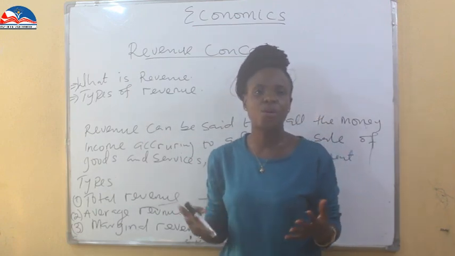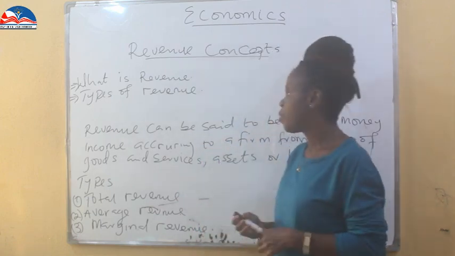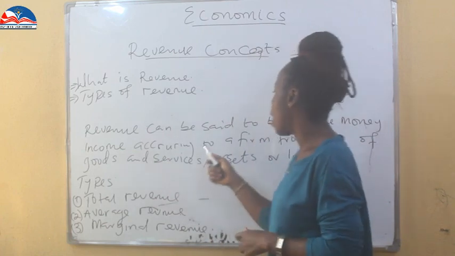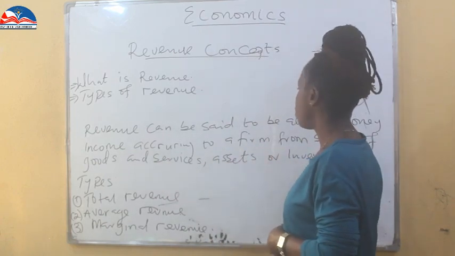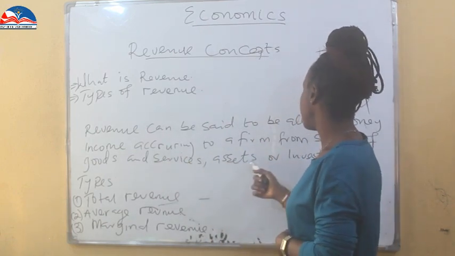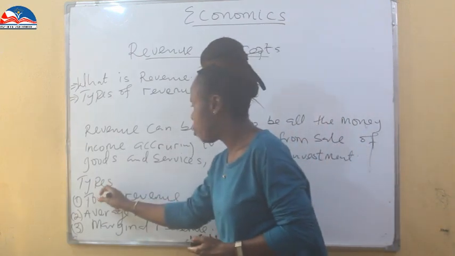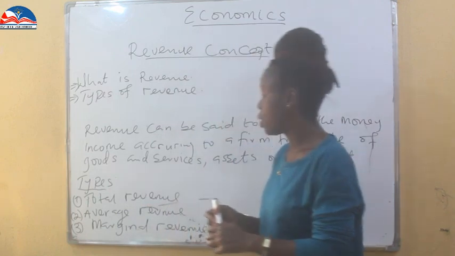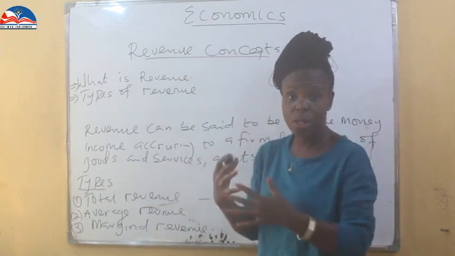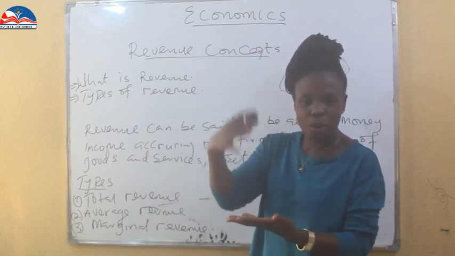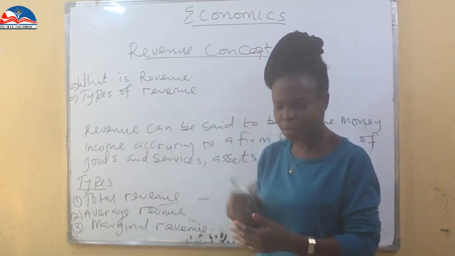But in this class, how are we going to look at revenue? Revenue can be said to be all the money, the income accruing to a firm from sales of goods and services, assets or investment. So revenue here is not just money; it has to do with money that has accrued, compiled and come together over a period of time.